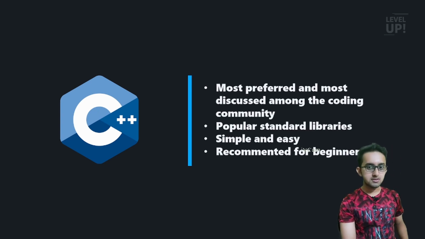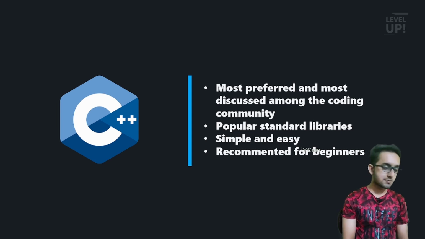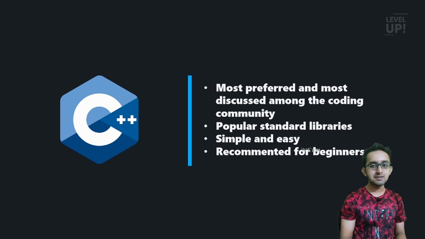Number 1. C++ is the most preferred as well as the most discussed language when it comes to the coding community. The reason is because C++ is very simple and easy to learn, and the people who have basics of C can easily grab onto C++ because the syntax is almost the same, just that C++ provides additional libraries. It provides very popular and standard libraries which is very commonly discussed.